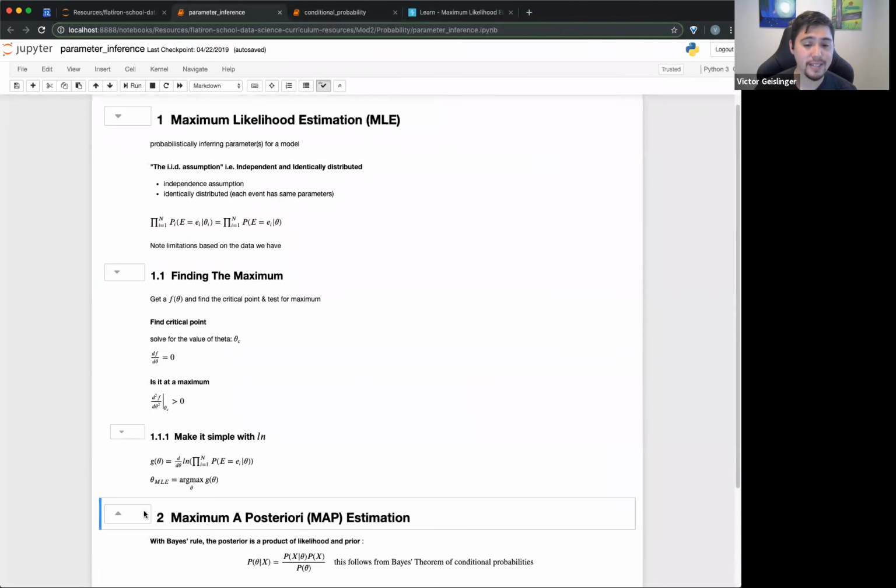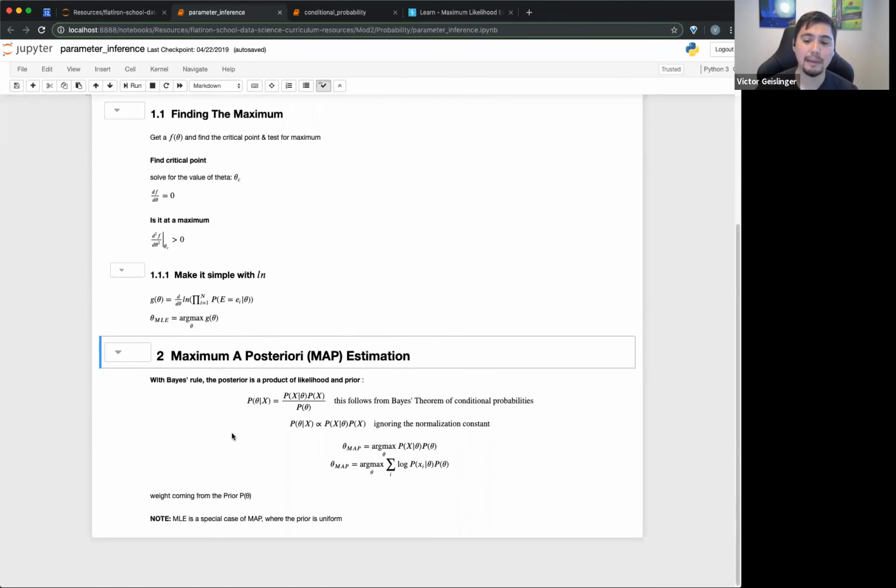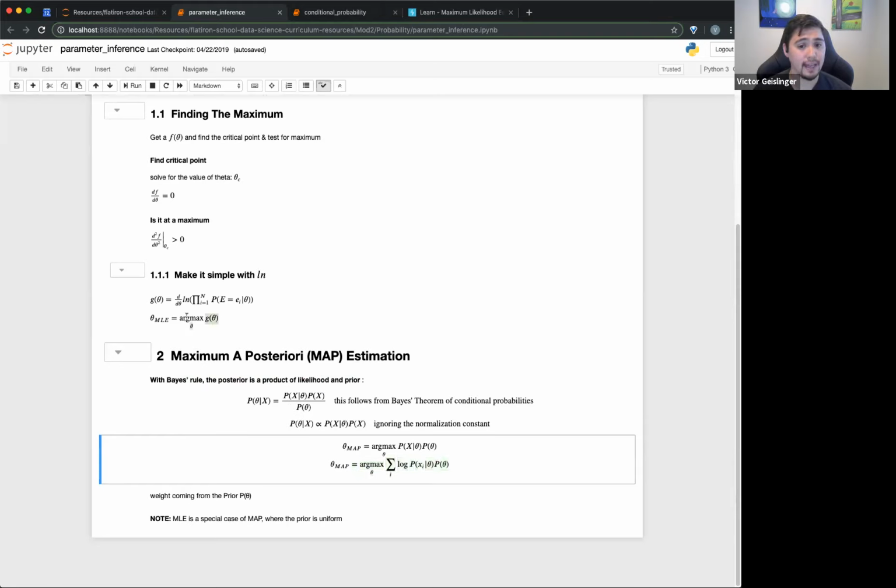One last thing I'm going to mention is the maximum a posteriori. This is all on the GitHub right here, so you can do a summary. But basically, that's the next section after maximum likelihood estimation. It says, hey, what if we have a different posterior? And it goes through, and if you do that, you have this general form of this guy. But then it turns out that if your prior knowledge is that the probability is uniform, then you simplify this directly into MLE.